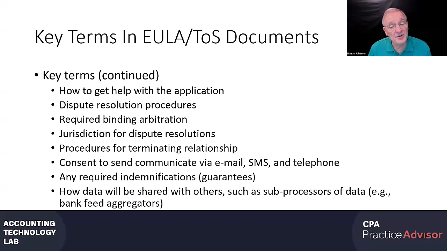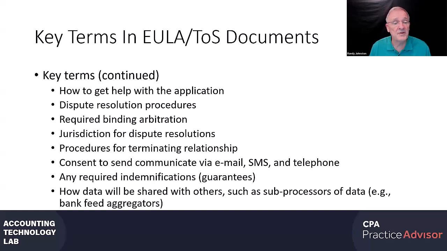There are procedures for terminating the relationship, but they typically, again, favor the vendor, often 30, 60-day cancellations or more. And there are consents where you've agreed to receiving email or text messages or phone calls. And the key one that you taught me about this year, Brian, was how the data is shared with others outside the organization, such as the sub-processors of data.